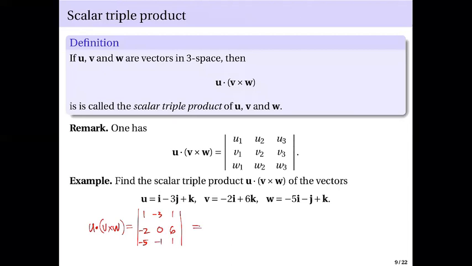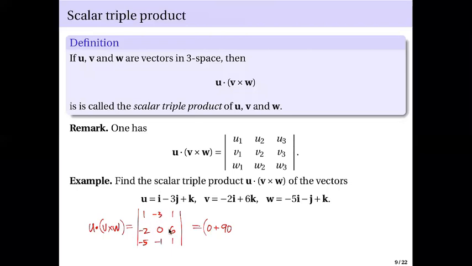The determinant will be 1 times 0 times 1, that's just 0, plus negative 3 times 6 times negative 5 here. If you write your first column here, the one at the bottom will be negative 5. So negative 3 times 6 times negative 5, this is positive 90.